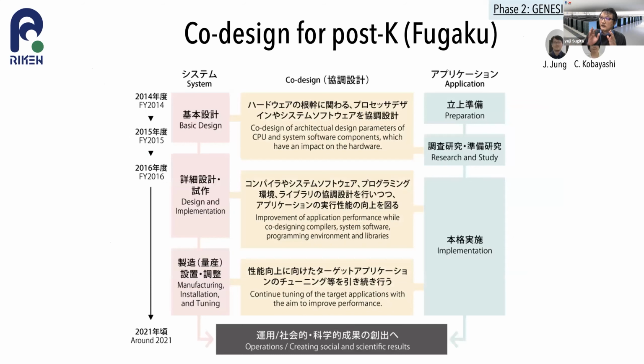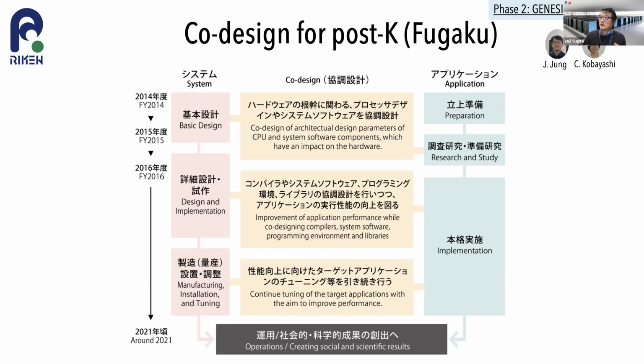So that is our first phase. The second phase is for the Fugaku supercomputer. In this case, we participated in the co-design of this new supercomputer. That is, system development and application development should be done cooperatively.